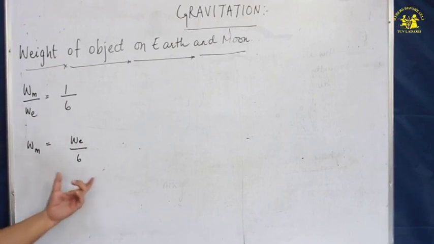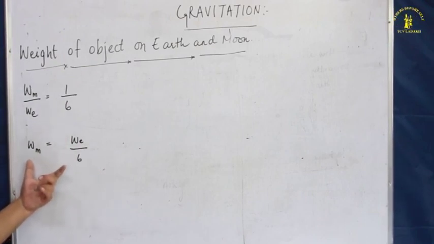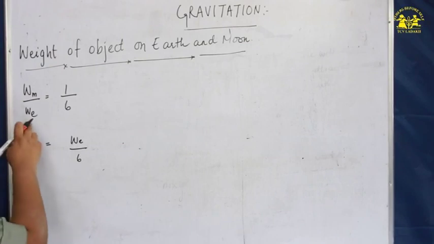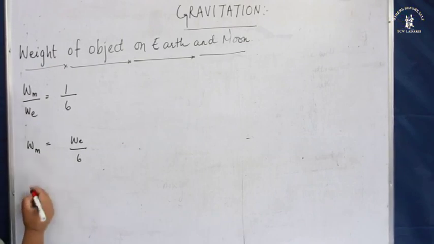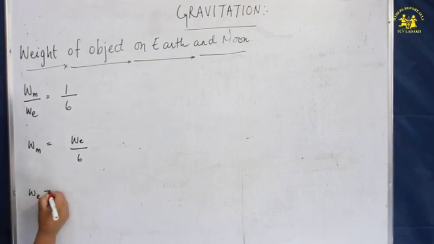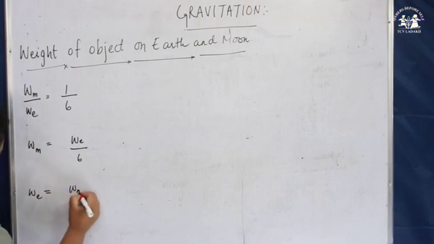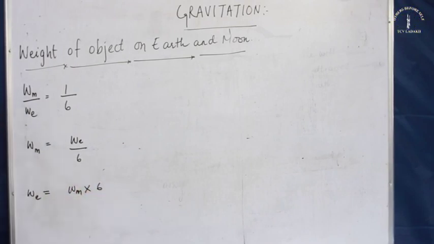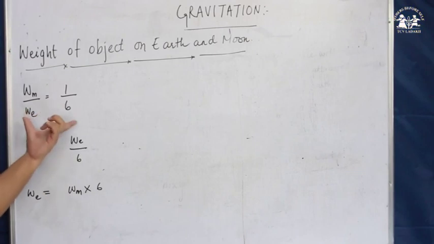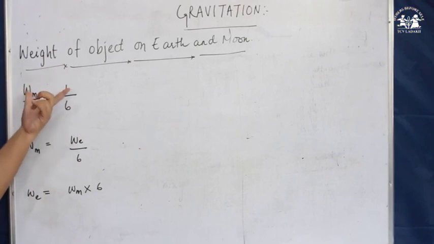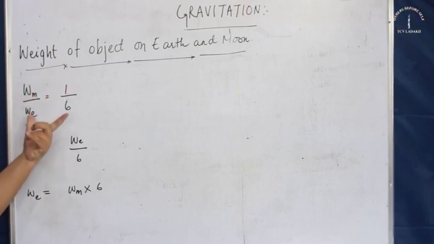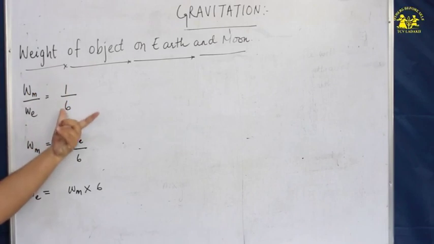This is how we calculate the weight of object on moon, right? And if we have to calculate the weight of object on earth, then it is weight of object on moon times 6. So this is the ratio that we have been given: weight of object on moon is to weight of object on earth is 1:6.